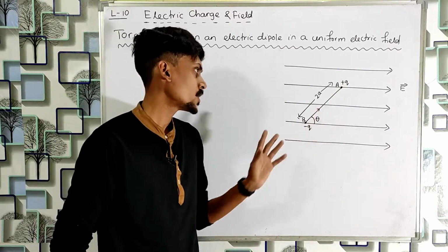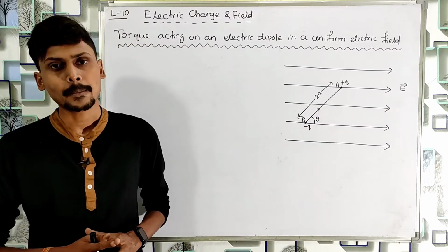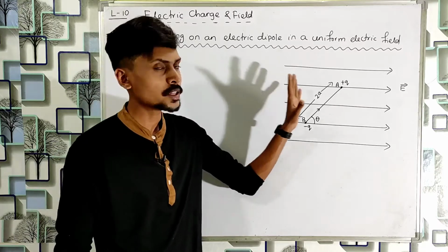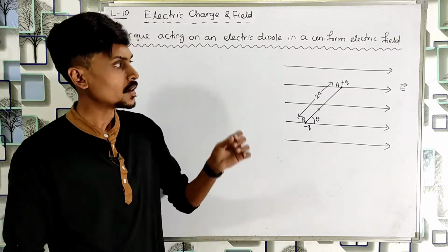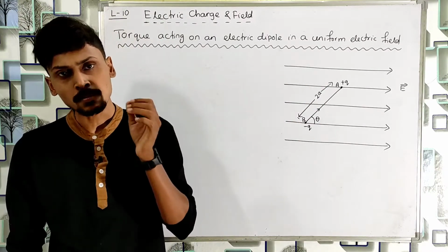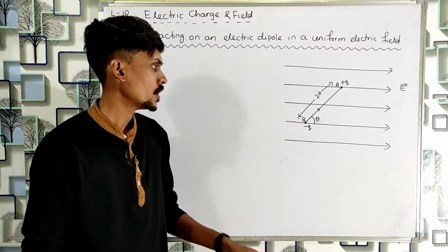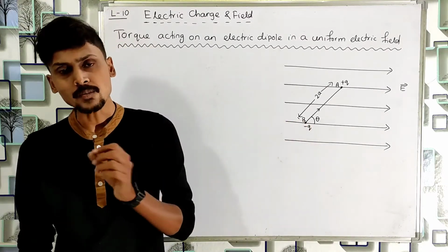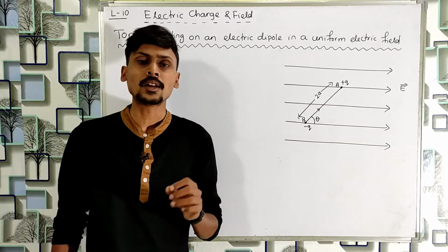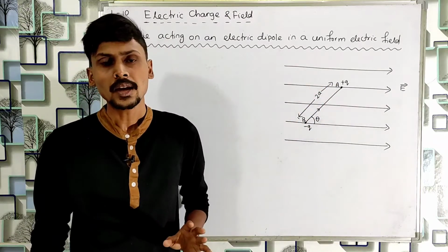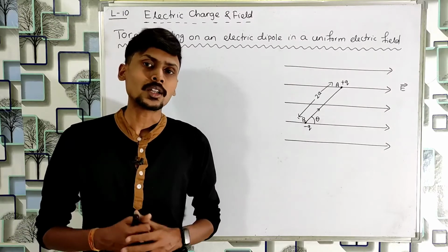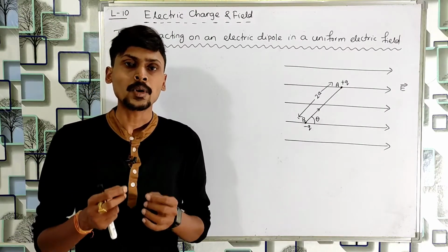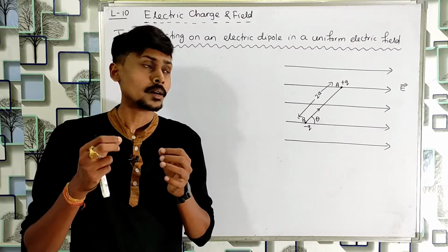The two charges have the same magnitude but opposite polarity. Since the electric field is uniform, the electric field intensity has the same magnitude at every point. The magnitude of electric field intensity at point B is the same as at point A.